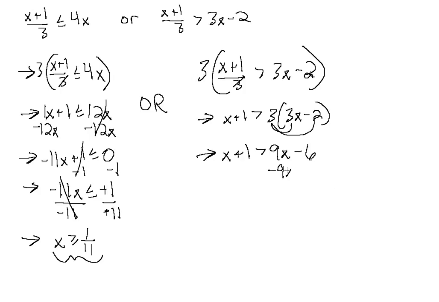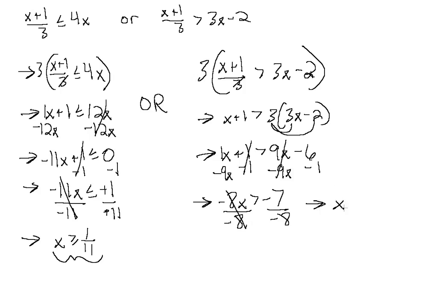And we can go ahead and go about solving for our x. Let's subtract 9x from both sides. Let's move our 1 to the other side in the same step. These 2 terms cancel, as do these. So we have minus 8x is greater than, minus 6 and minus 1 is minus 7. Let's go ahead and divide both sides by minus 8 to get x by itself.